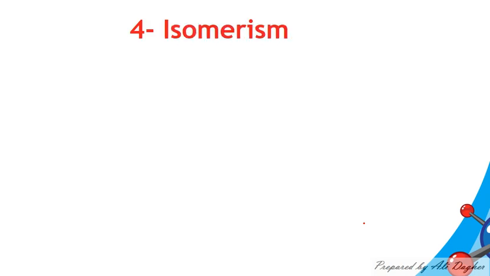Isomerism. C4H8O2 has 2 carboxylic acid isomers, not 3.